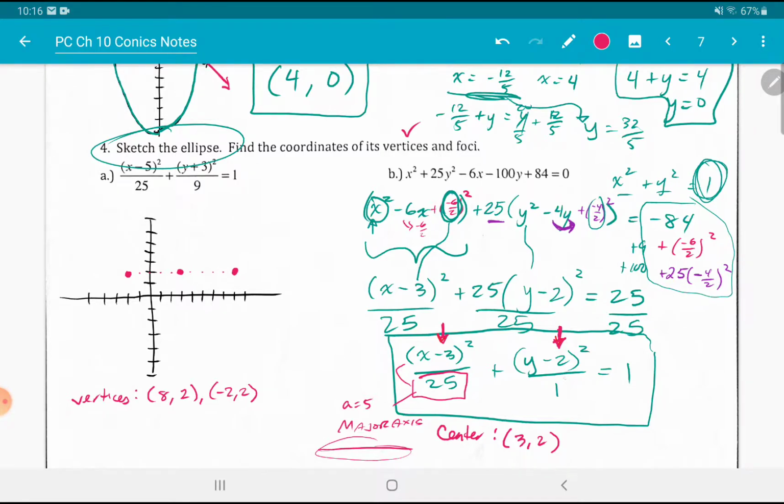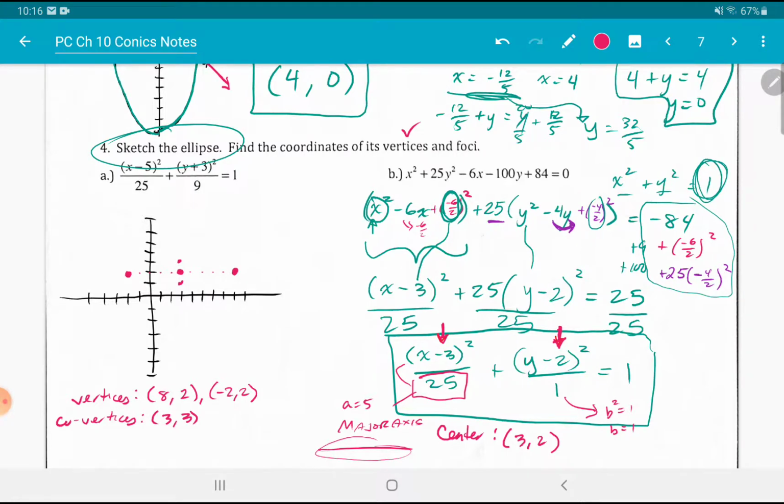Before we find the foci, let's actually just finish sketching the graph. We know that b squared is equal to 1, so b is still 1, and it is connected to the y value, so that just means you're going up 1 and down 1. These are your co-vertices. Your center is (3, 2), so one co-vertex is at (3, 3).